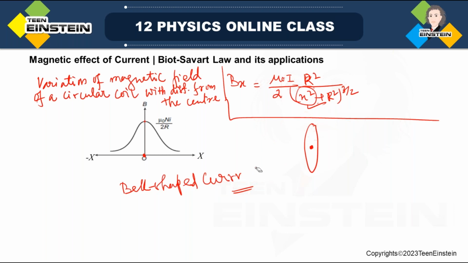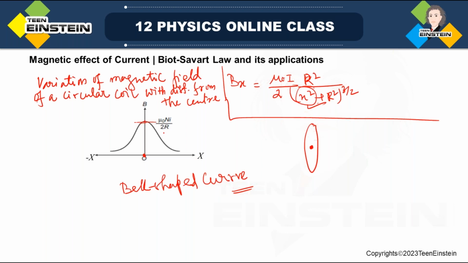Bell-shaped curve. On either side of the peak value, the field actually decreases from the equilibrium value. So this is the variation of magnetic field B. As you can see, this is the maximum value, mu 0 I by 2R, and if there are n turns in the coil, then mu 0 N I by 2R.